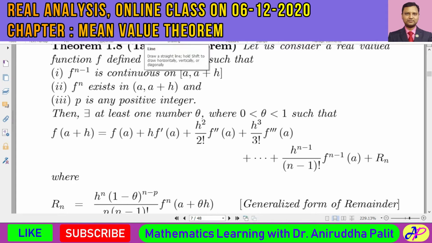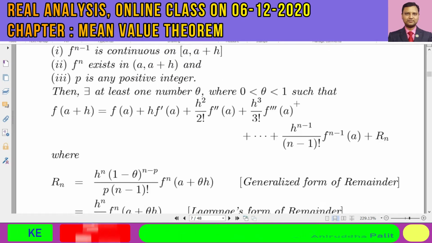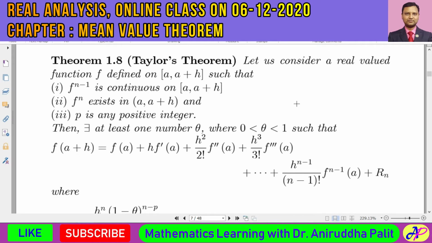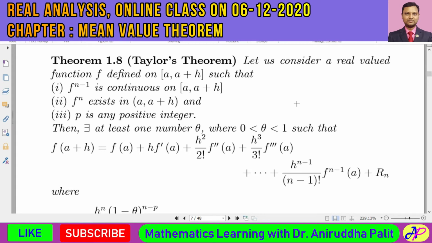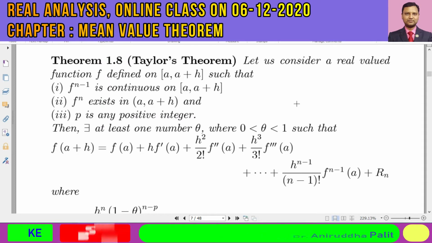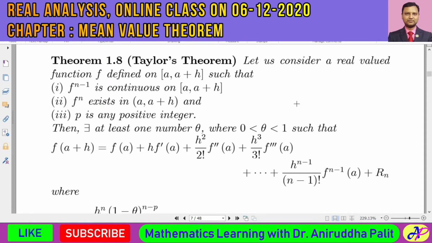So it is clear that for Taylor's infinite series, the remainder Rn must tend to 0 as n tends to infinity, of course.